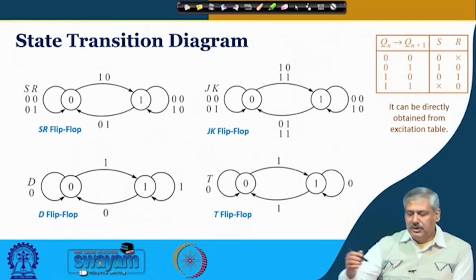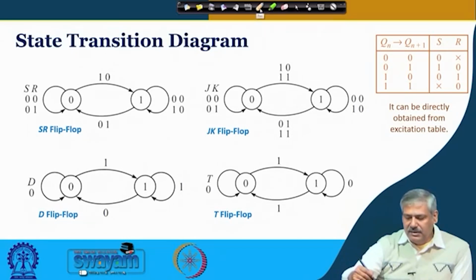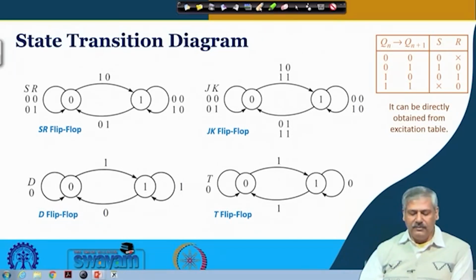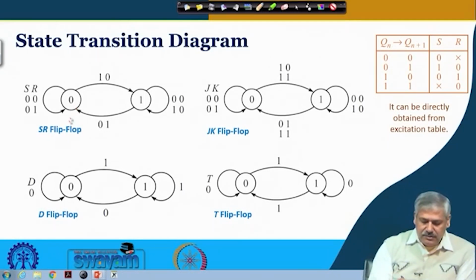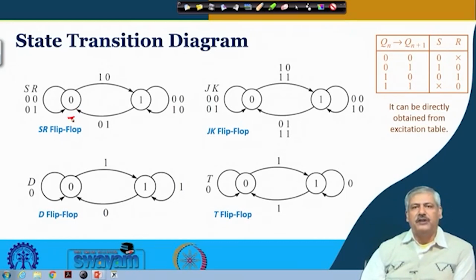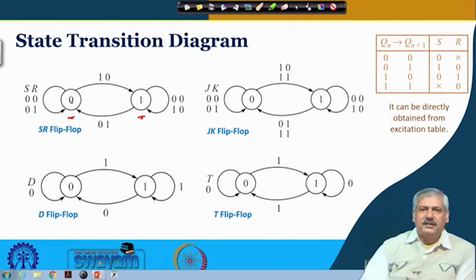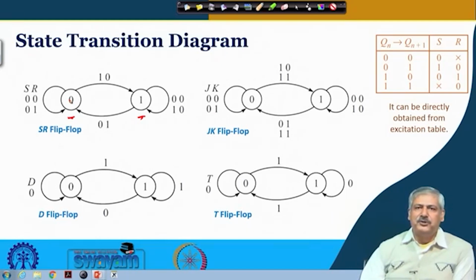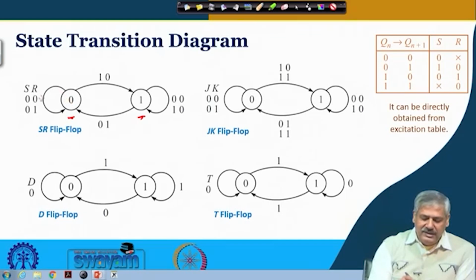Okay. So, if we look at the SR flip flop state transition diagram, this is one state with value 0, and this is another state, described by 1. Now, when it is at state 0 and it receives the input 0 0, what will happen? It will remain in the same state.